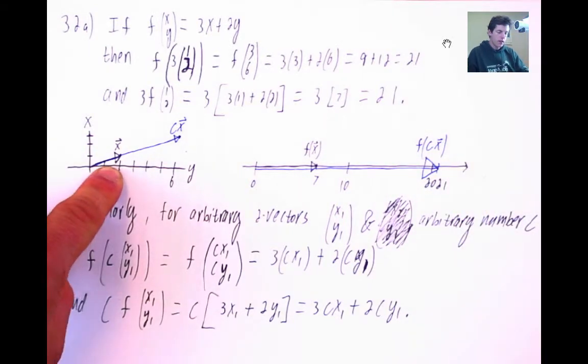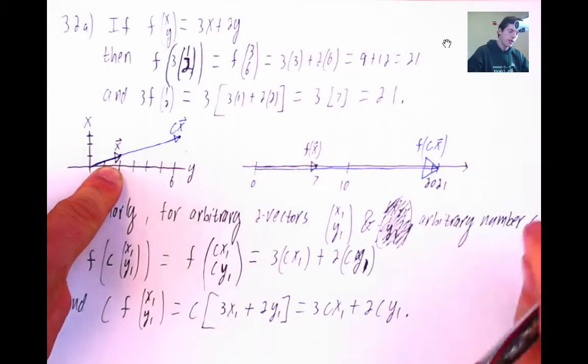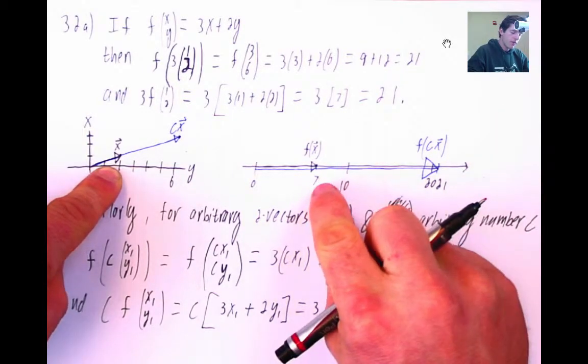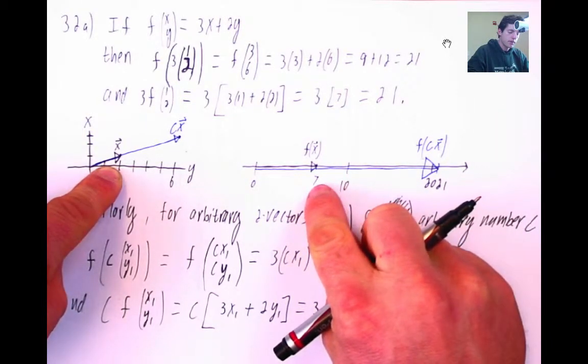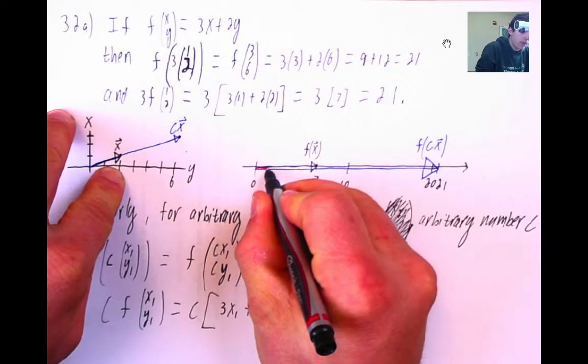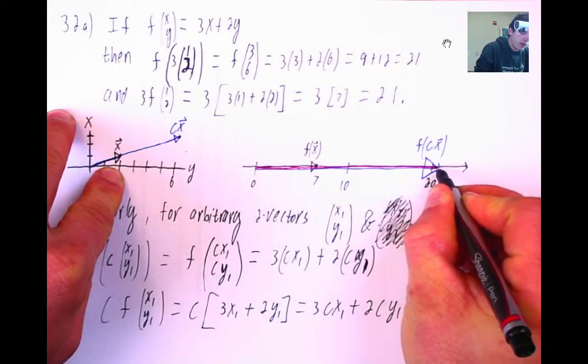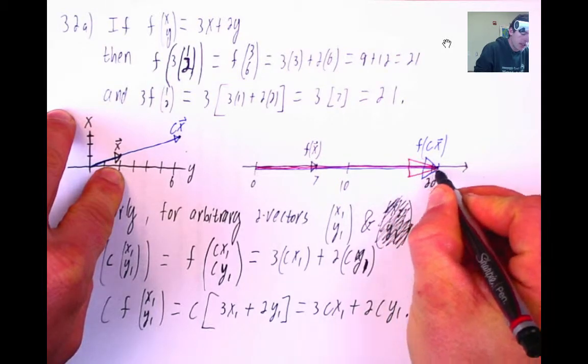And in red, I draw this other guy, c times f of x. Now, f of x is 7, and c is 3, so 3 times that would be 21 also, so I draw a third line in red all the way out to 21. Fatten him up like this so you can see him.